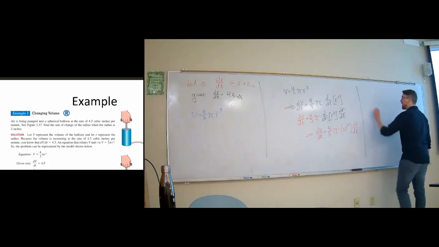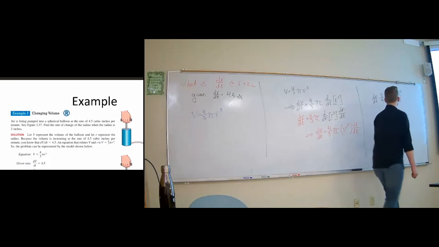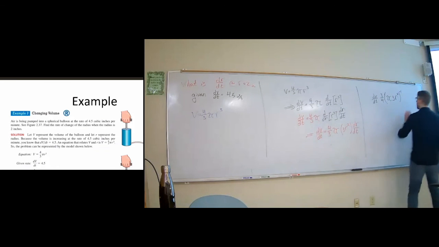Dividing everything from both sides, we get dV dt times 3 over 4 times pi times 3 times r squared, the negative first power, is equal to dr dt.